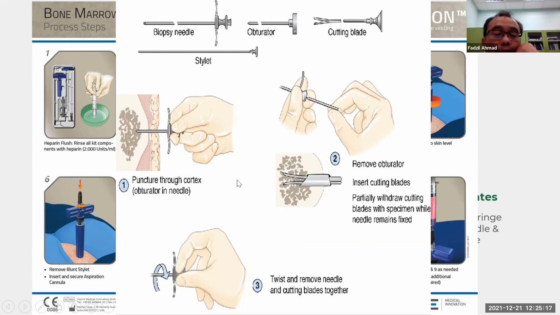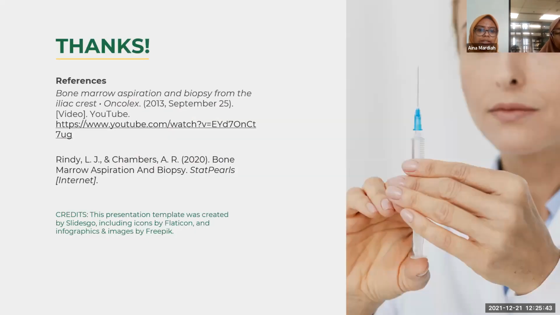Usually we put on a big syringe and suck out the barrel content. So after we obtain all the specimens, we can make the smear on the slide or put the biopsy sample in the container.